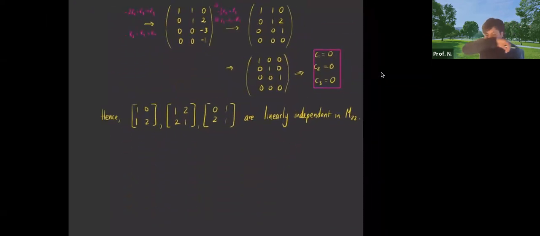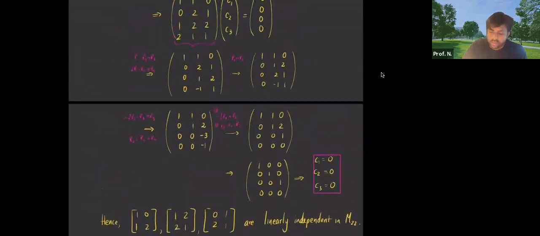So we have a linearly independent set of matrices. Yes, that's right, Sam and Satar.